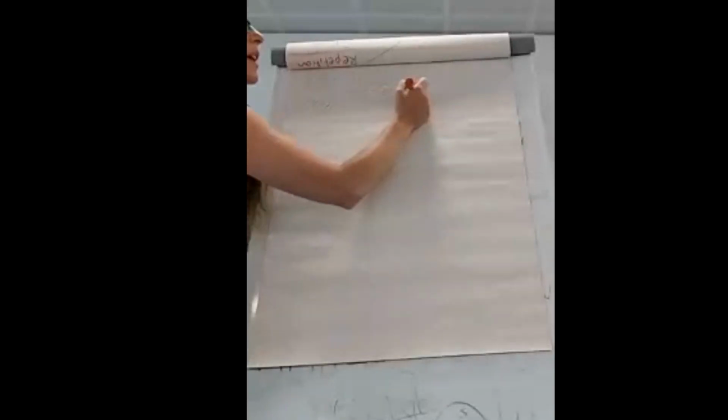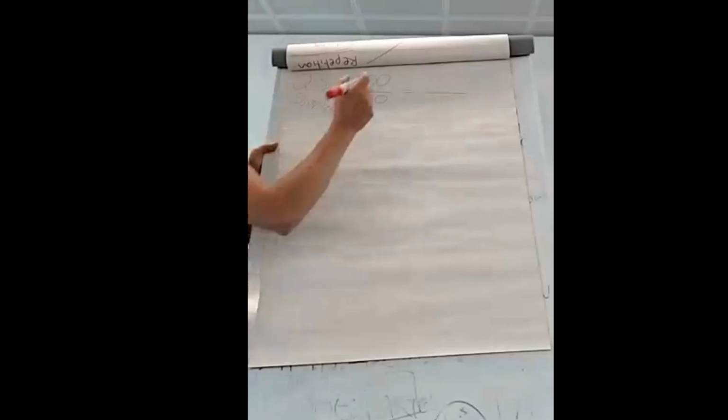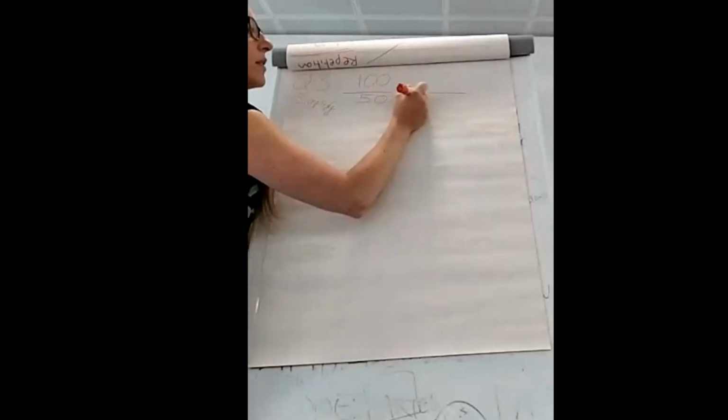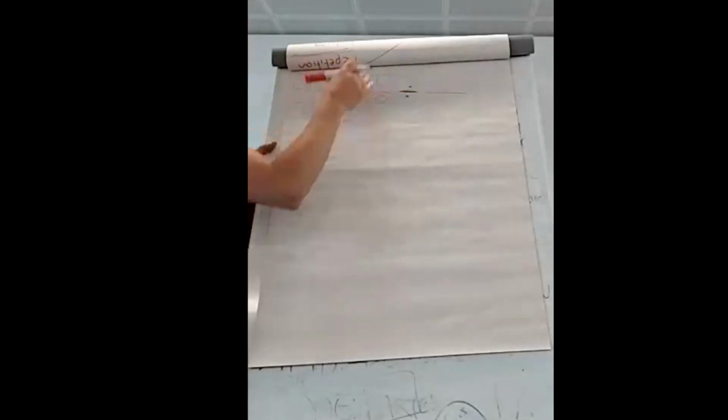Simplify means we're going to end up with the same thing, but with a smaller number here. So we have to divide it. If you think about it, we have to divide it by a number that both can be divided with.